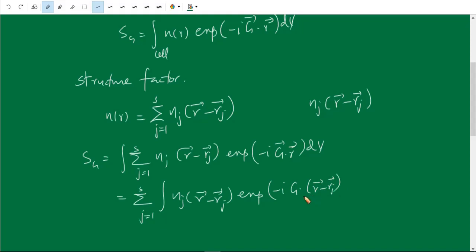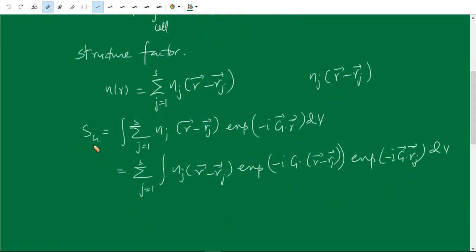Minus rj is there, it is an additional factor, so I have to multiply with a factor of exponential minus i G dot rj. Now if you multiply these two, you will get this into dV. So this is the structure factor.